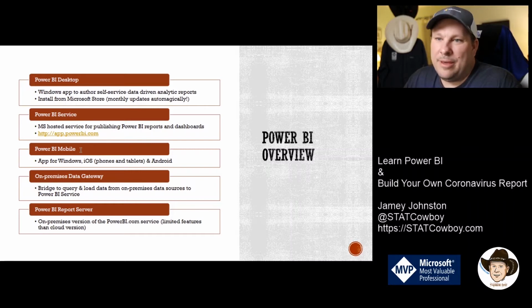Then the Power BI mobile version allows you to consume the reports you built on mobile platforms or Windows 10. The on-premises data gateway is how we get data to and from our on-premises data sources to the Power BI service. And for those that can't use the Power BI service in the cloud, you have Power BI report server to publish your reports on premises.